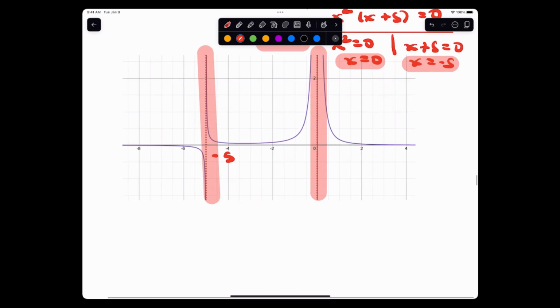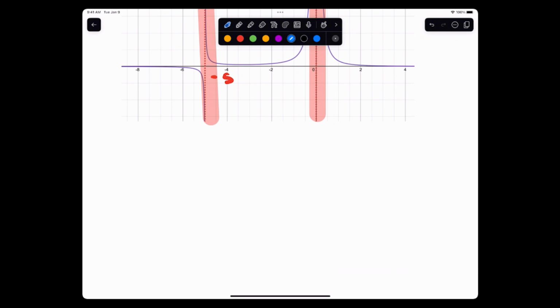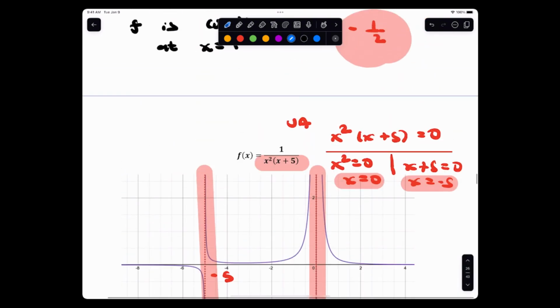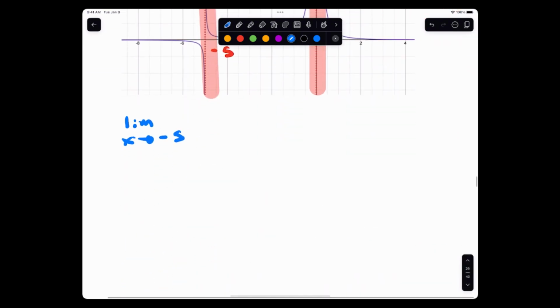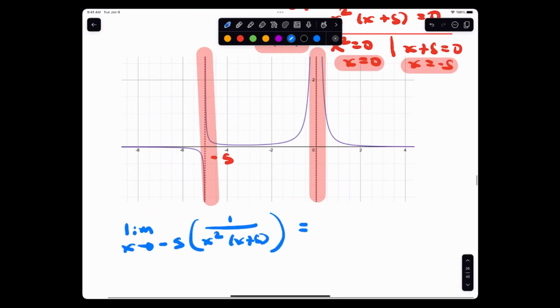Okay, it's not defined at those points. Everywhere else it is. So they're going to want to say, okay, can you tell me what's the limit as x goes to negative 5 of that function, 1 over x squared times x plus 5? What are you guys going to say just looking at the curve?